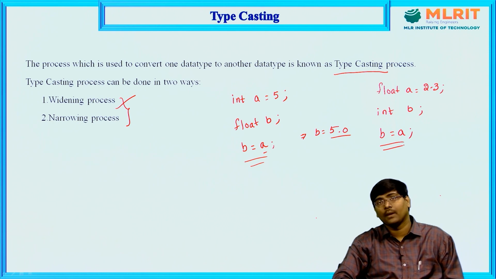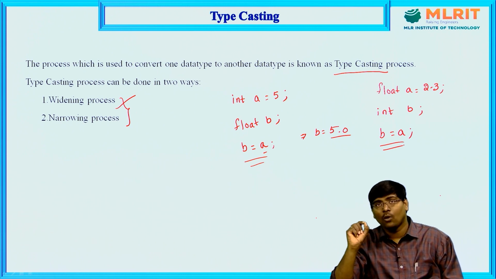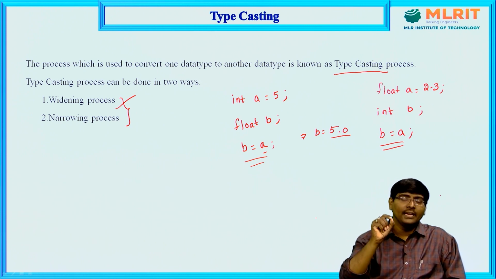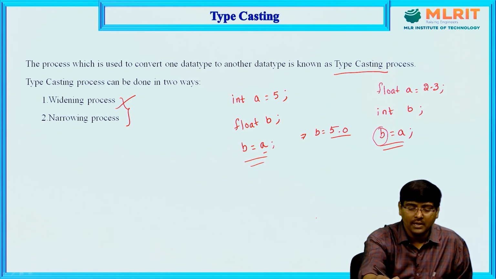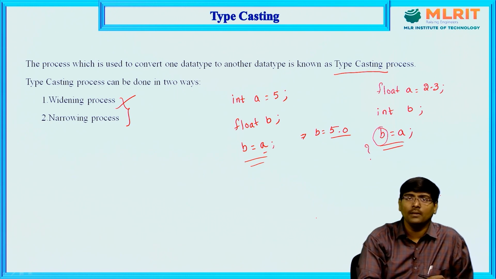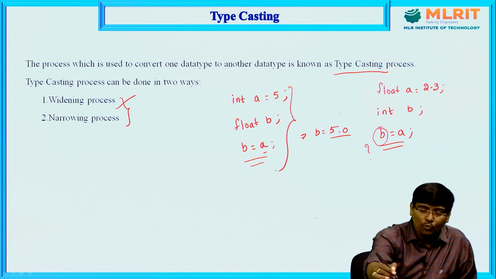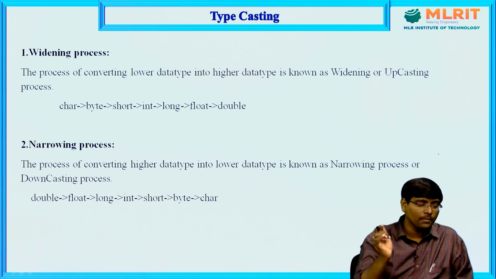Then what happens? a is a floating value which stores numbers with decimal points. b is an integer variable, but an integer does not store numbers with decimal points. Then what is the value of b? It leads to an error. These are the two ways of conversion. Clear? Now I will move step by step.